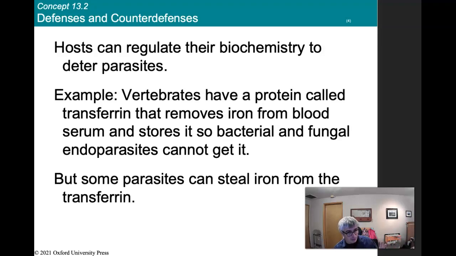Effectively you're invoking a mechanism to sequester all of the compound you want in a certain area, and then you can just go and take it out of that area.